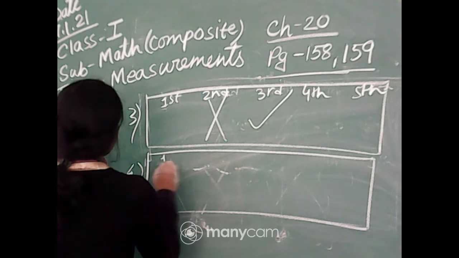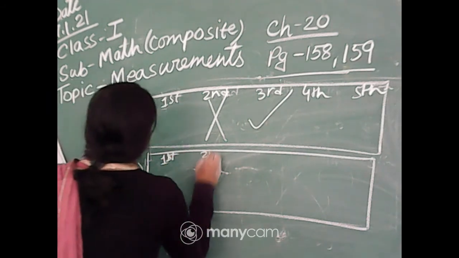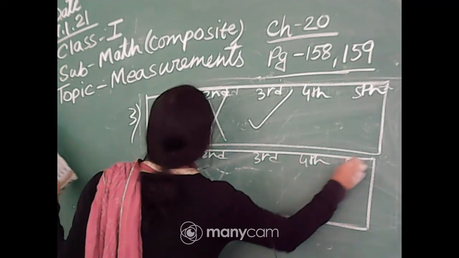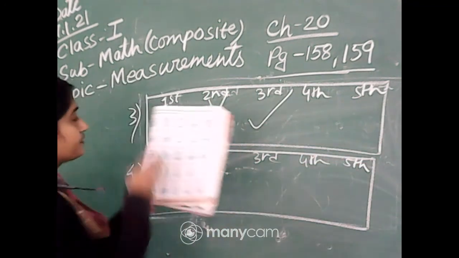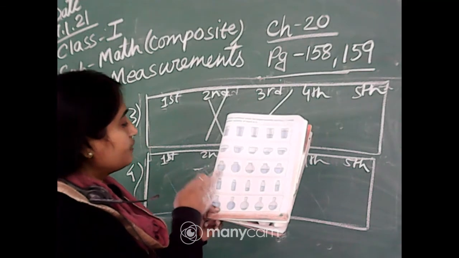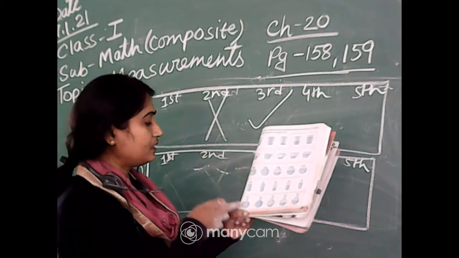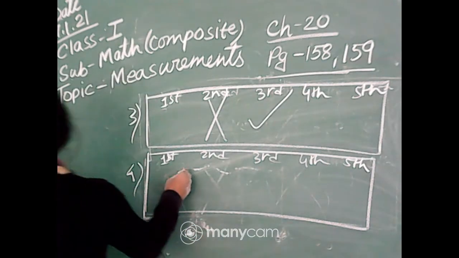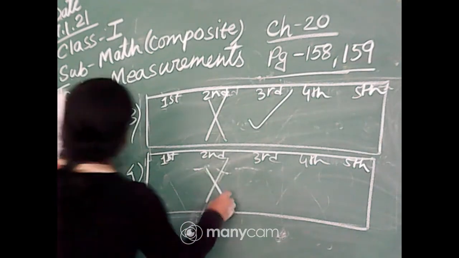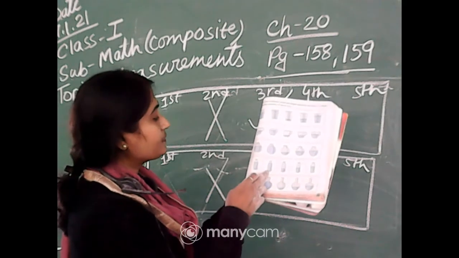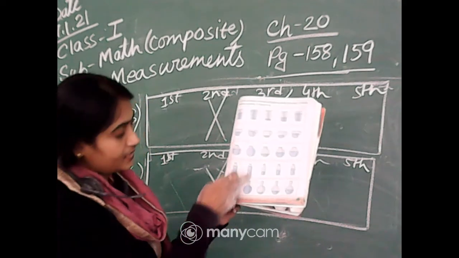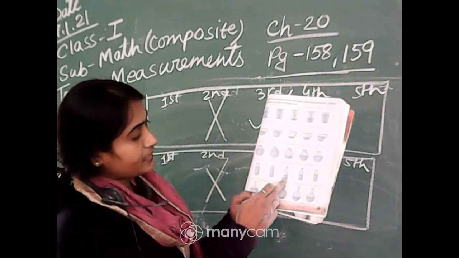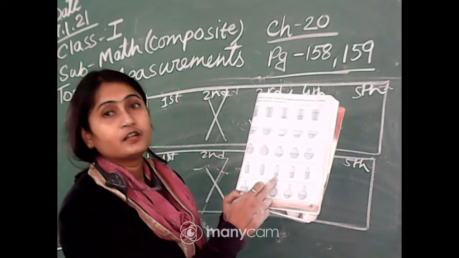Bottle. The first bottle, second bottle, third bottle, fourth bottle and fifth. Only the container has changed. First glass, cup, one type of pot or jug, bottle, and this is another type of pot. Now here also second container, there is more quantity of liquid, and third one is less quantity of liquid.